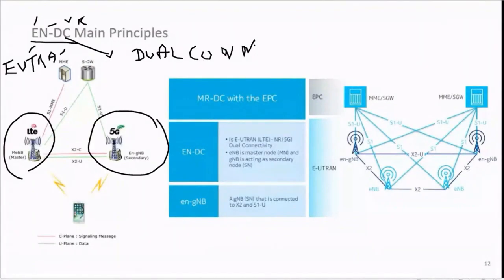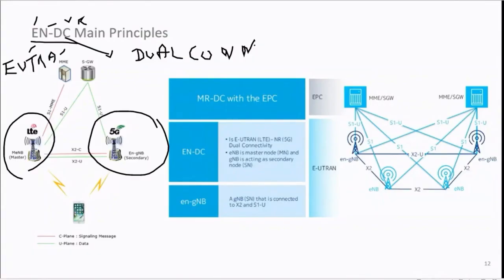Using EN-DC, devices can access both LTE and 5G simultaneously on the same or different spectrum. In this way, we can have dual connectivity. And in this, we have two possibilities. UE can be simultaneously connected to LTE and NR, or UE may connect to LTE for the control plane and NR for the user plane.